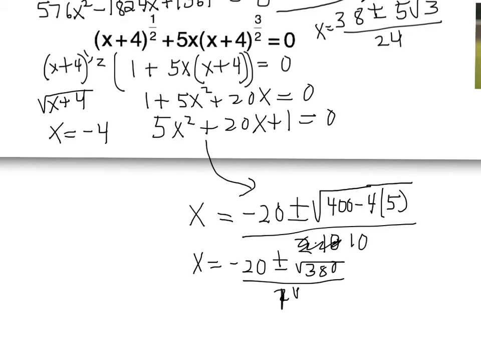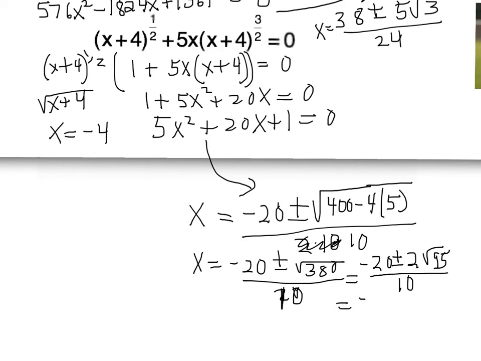So then x is equal to negative 20 plus or minus the square root of 380, over 10. The square root of 380 is 2 root 95. So we're going to have negative 20 plus or minus 2 root 95, all over 10.